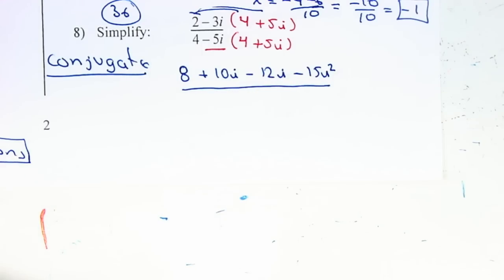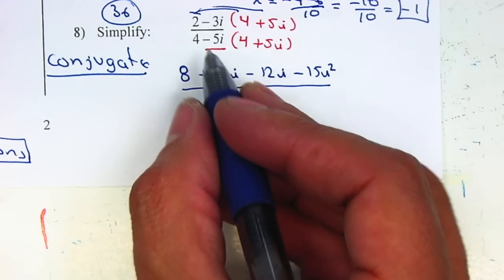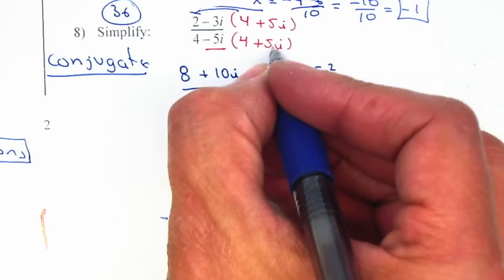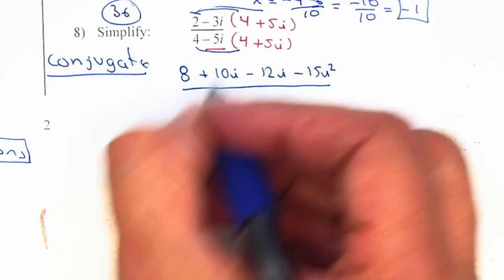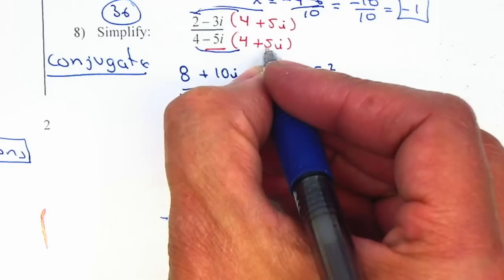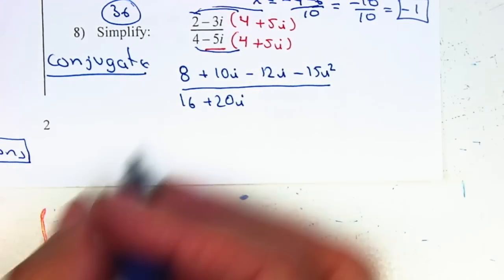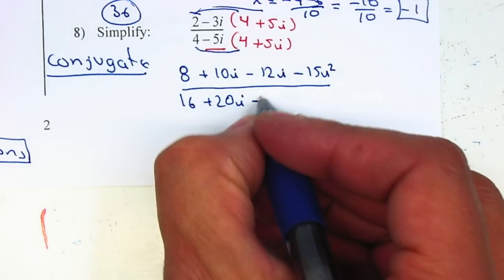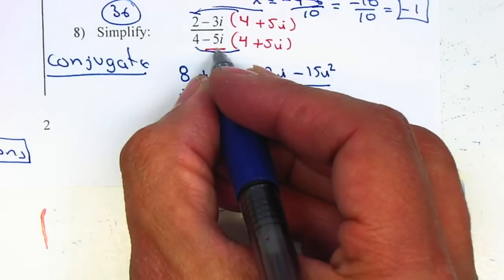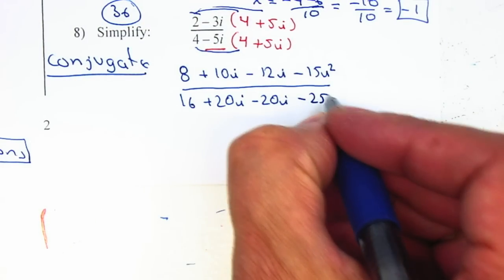Over. We're going to go and multiply the denominator. We're going to distribute the 4 to both of them. 4 times 4 is 16. 4 times 5i is positive 20i. Negative 5i times 4 is negative 20i. Negative 5i times 5i is negative 25i squared.